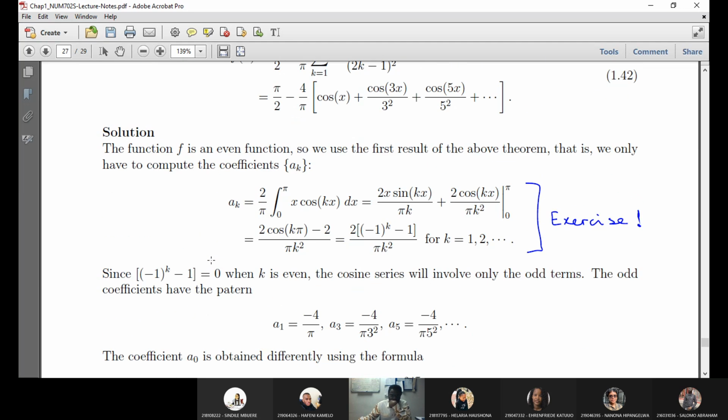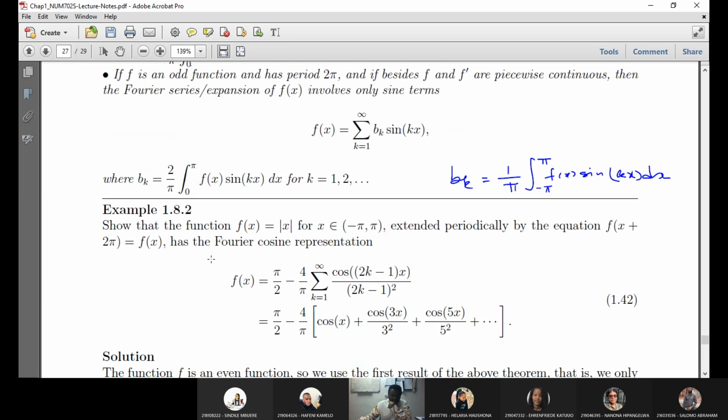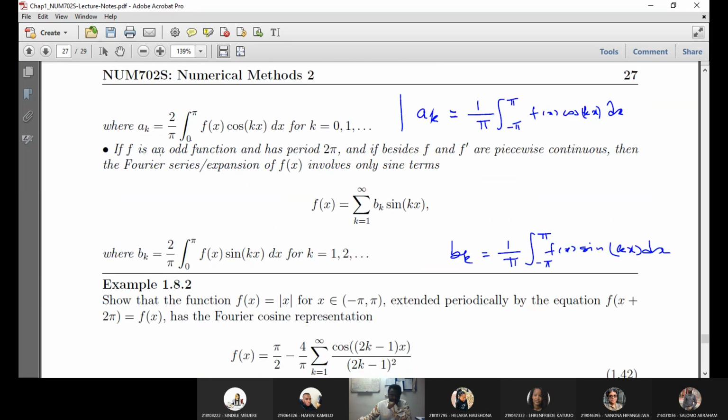Where is it? Okay, this second case here. If f is an odd function, you can see it here, the Fourier expansion of f involves only sine terms, and this is what we have.